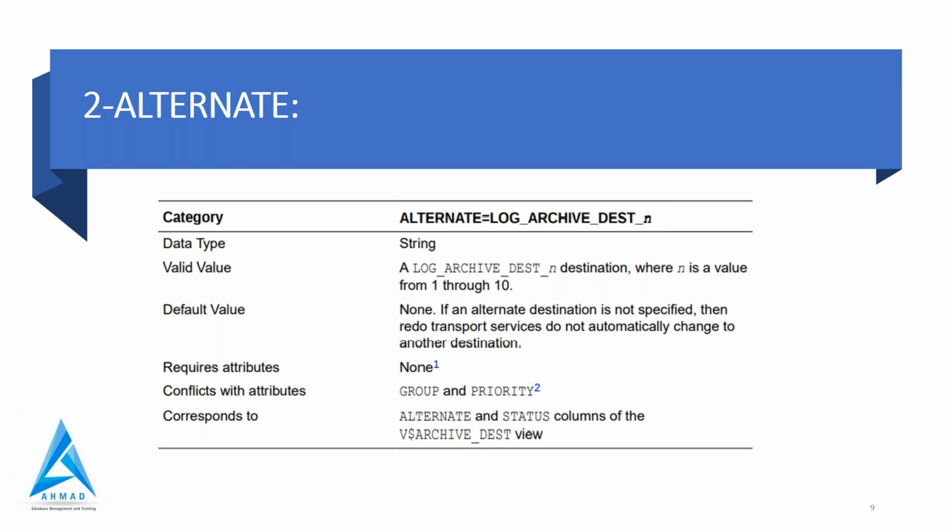To resume archiving to the original destination, that is LOG_ARCHIVE_DEST_1, you must re-enable it manually. Then you must reset LOG_ARCHIVE_DEST_2 to its former alternate state to avoid having two active local archiving destinations.